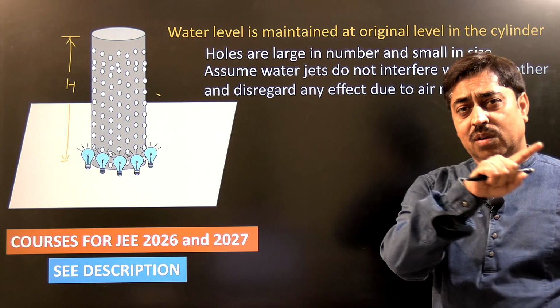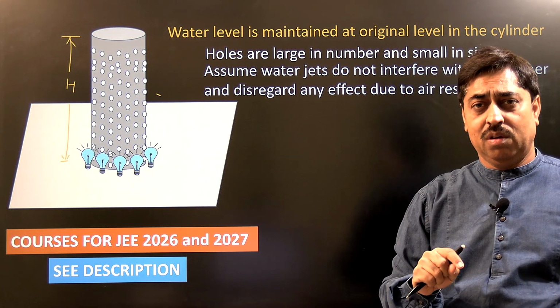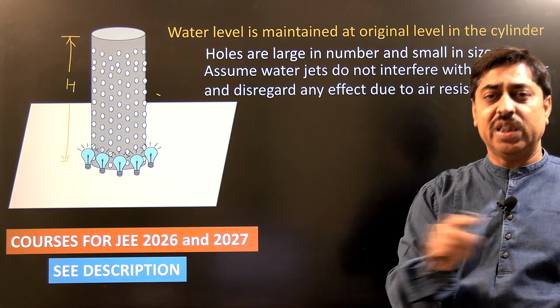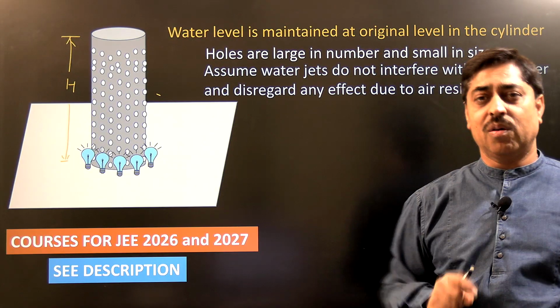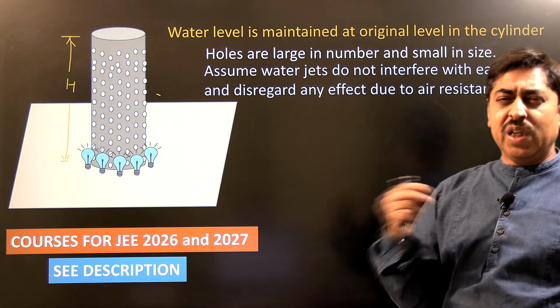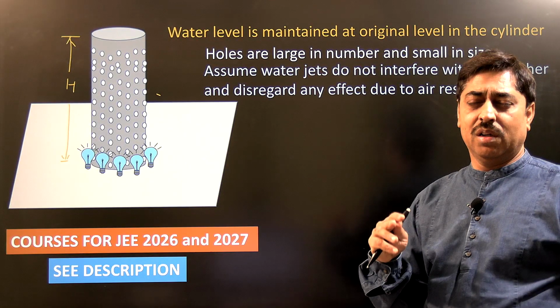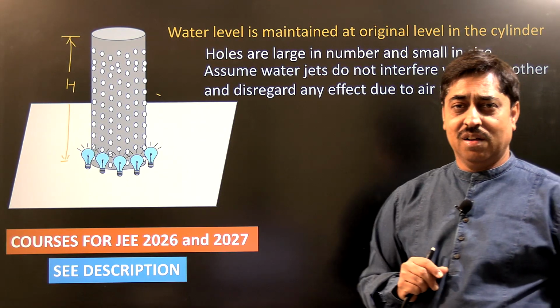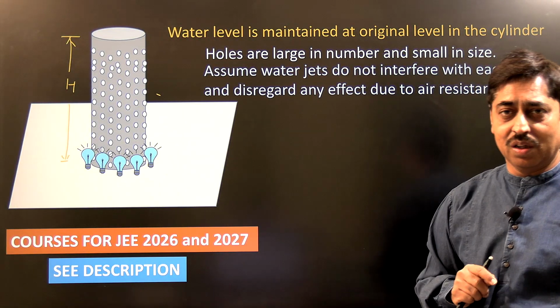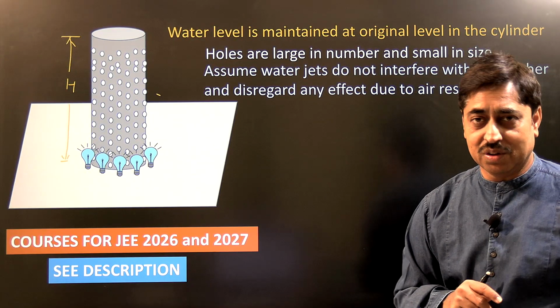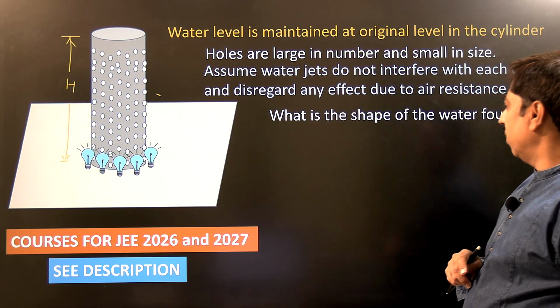That means the water jet coming out of one hole will make no change in the path of the water jet coming out of the other hole, which in practice looks a bit absurd, I would say. They will interfere with one another, but to keep our question simple, we will assume there is no interference.